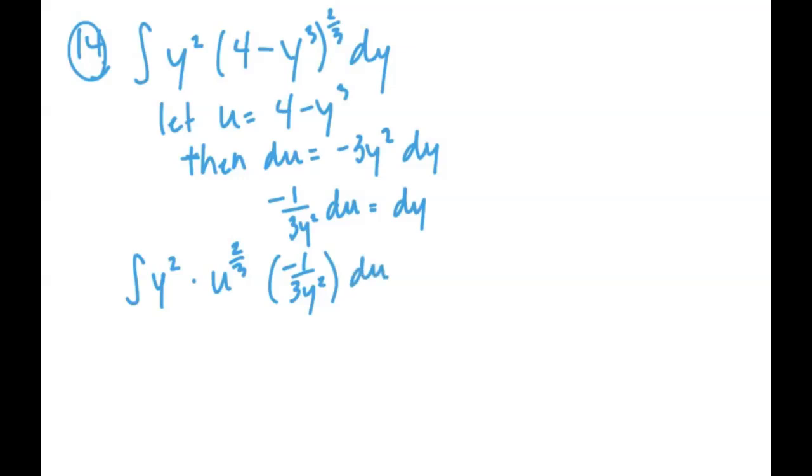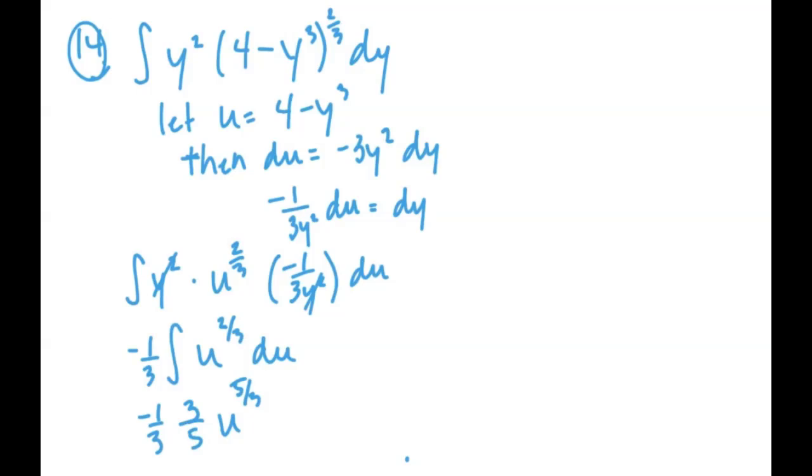Notice the parentheses around the negative term, because it's all multiplication, it's all one term. The y squareds cancel. I have negative 1/3 integration u to the 2/3 du. Bring down the negative 1/3. To integrate, we add 1, so 3 over 3 plus 2 over 3 is 5 over 3.